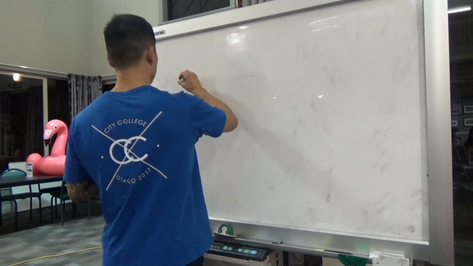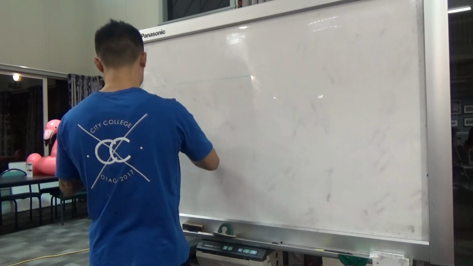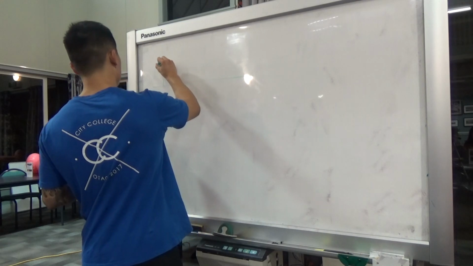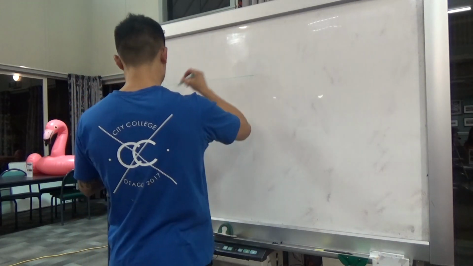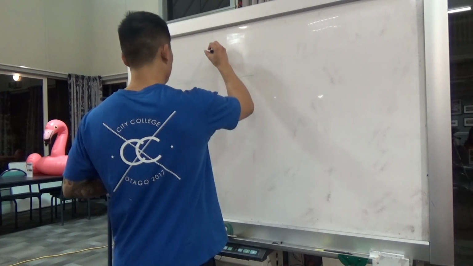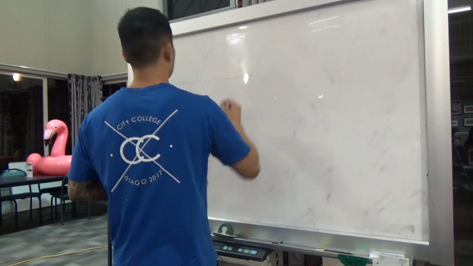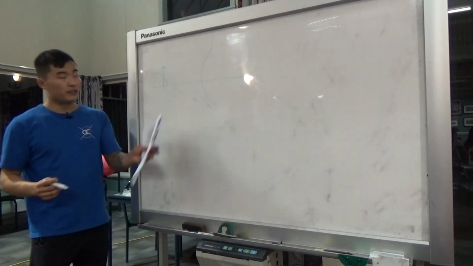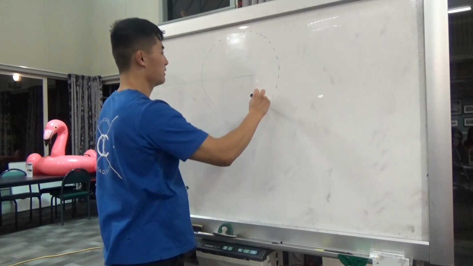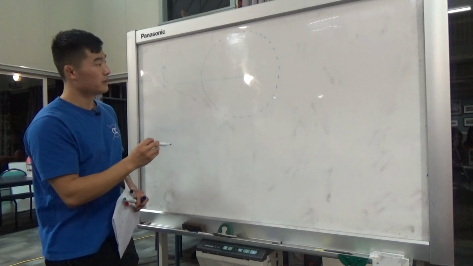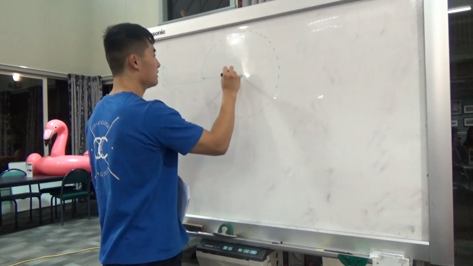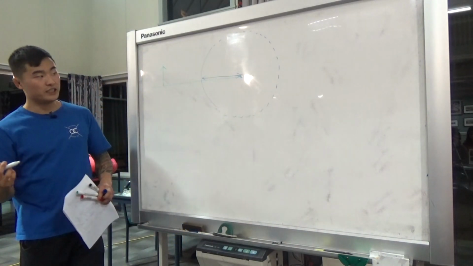So our object is here, and then our mirror, it's a convex mirror, so it's going to be like this. And the radius of curvature is that if it was a complete circle, this length here would be the radius of curvature.